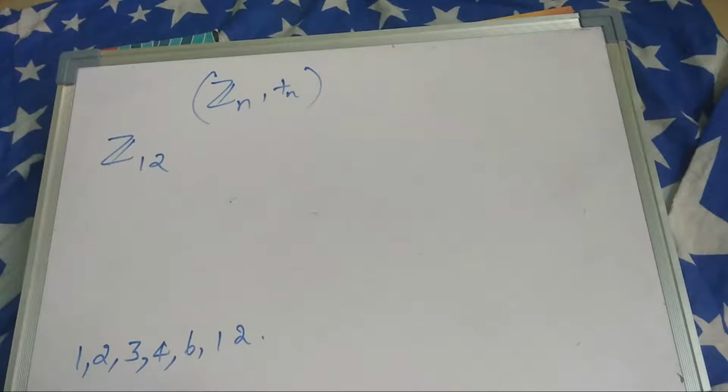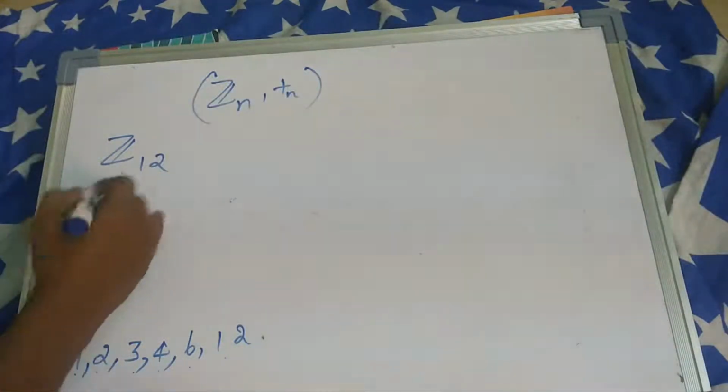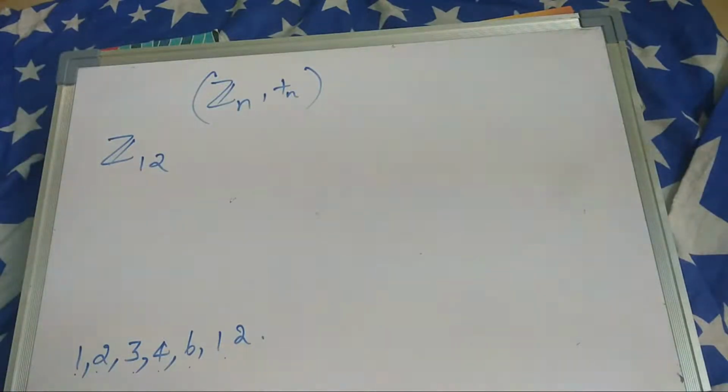Now we are going to find a subgroup having order 1, 2, 3, 4, 6 and 12, and this can be easily found out by a particular method. Zn has this particular property. We will try to find the subgroup having 4 elements.